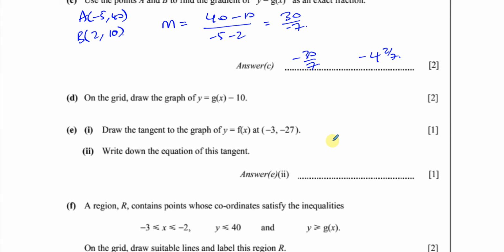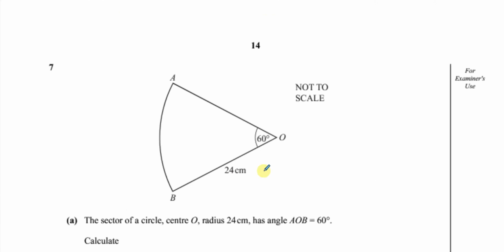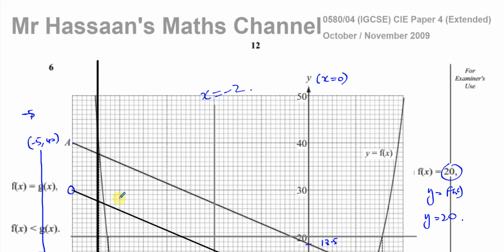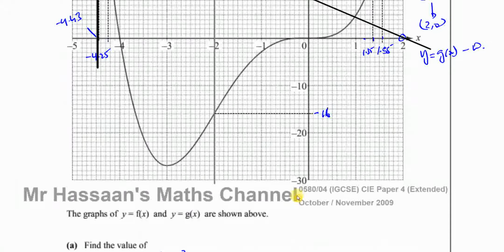Then it says draw the tangent to the graph of y equals f of x at minus 3, minus 27, and then write down the equation of this tangent. So we go to the graph y equals f of x at minus 3, minus 27. Obviously it's right here.